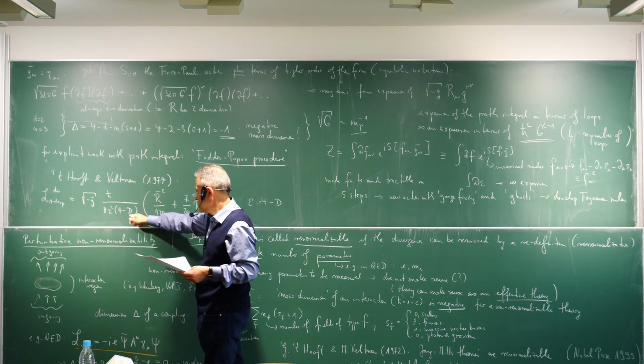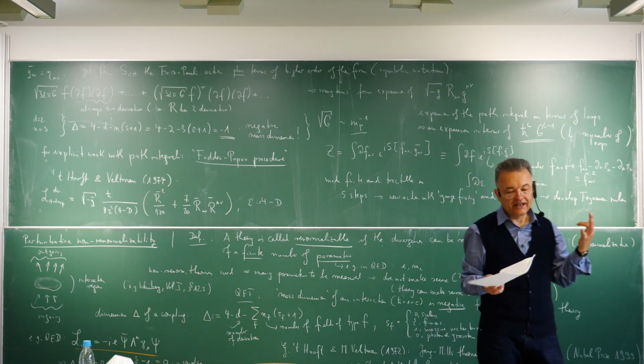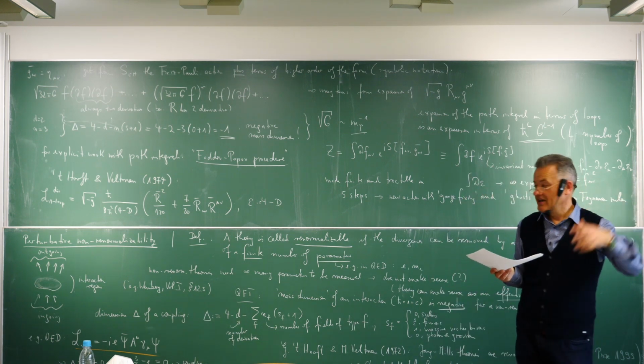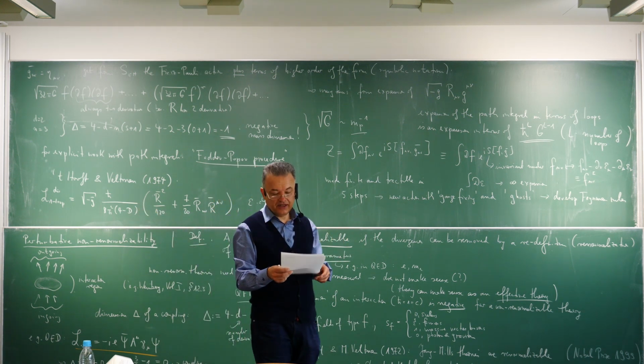So you see there's a divergence in 4 space-time dimensions, and to handle that divergence you go to other dimensions where you explicitly isolate that, and you can then swallow up this in other terms.